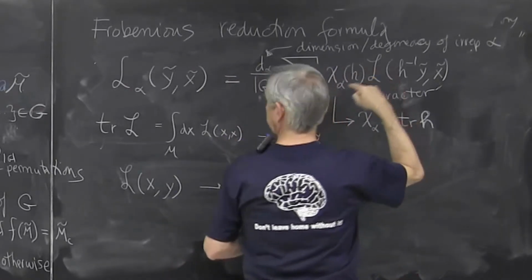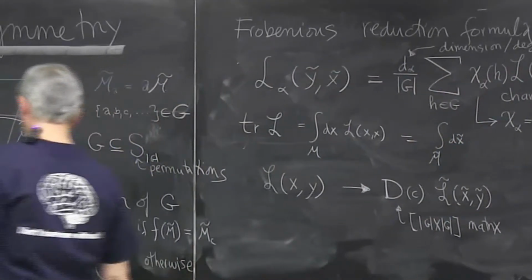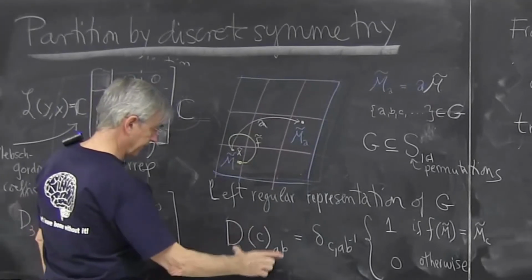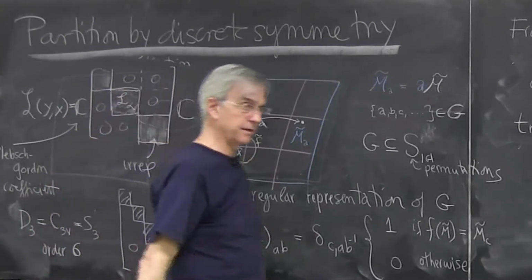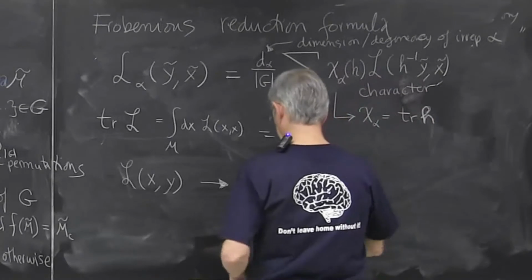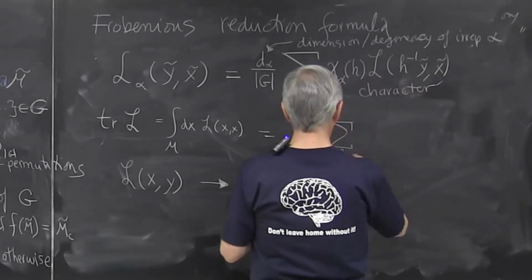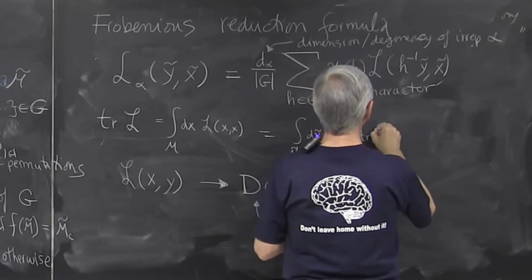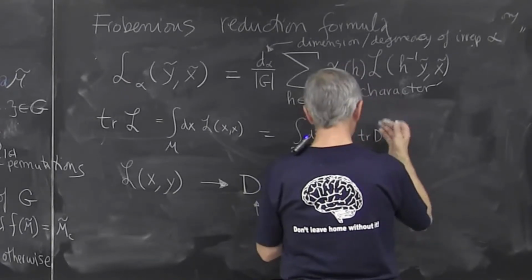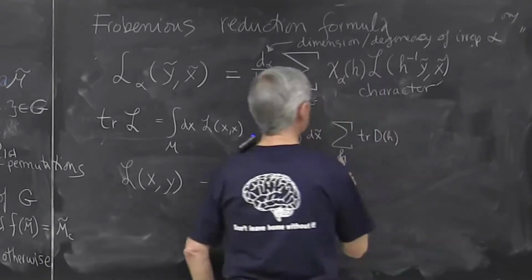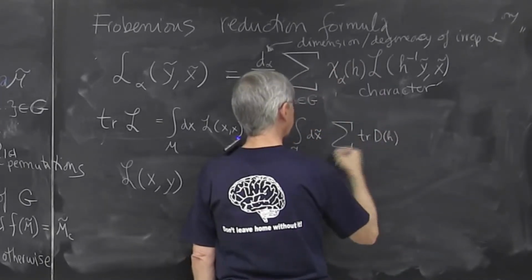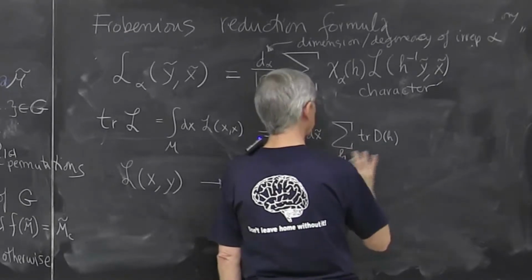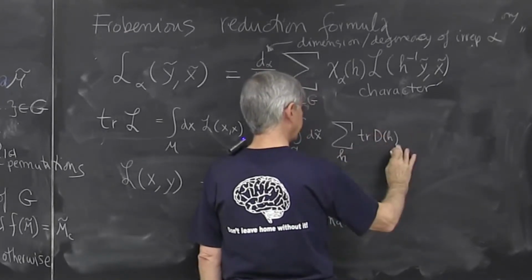Then the evolution operator is a matrix with element that's a function that you're going to integrate over. So it's going to be sum over H from here, and then there'll be a trace of that matrix, 6 by 6 or 2 by 2 matrix. And as you'll see, you can explicitly construct all the elements for finite groups. It's a subgroup or permutation group. You know how to do this.